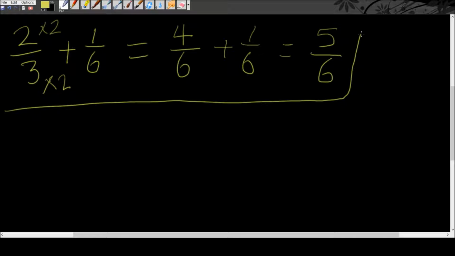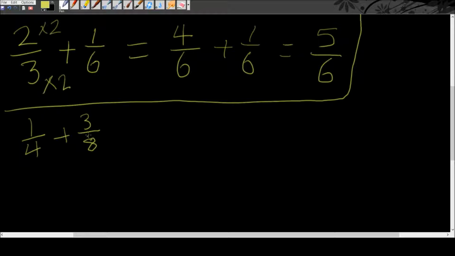Okay, that's one example done. Let's look at another example. Let us have 1/4 plus 3/8. Okay, now we've got 1/4 and 3/8.